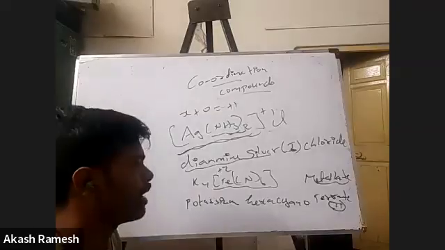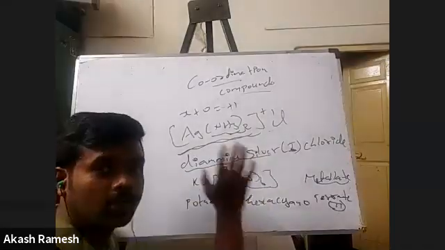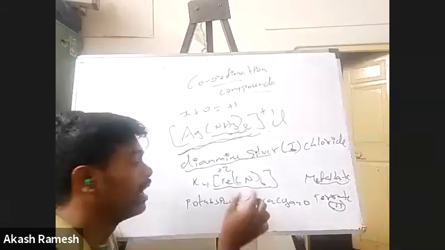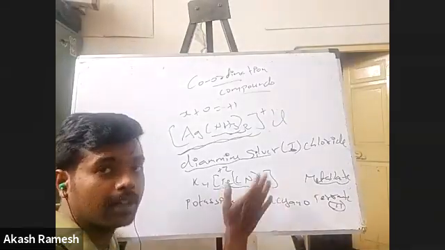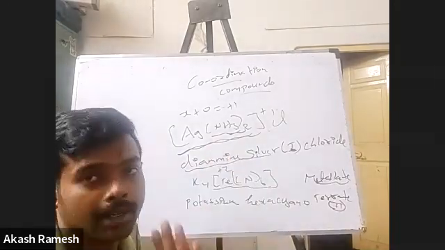Don't confuse yourself. When it is at the right, it is always going to be the anionic complex. That has to come after the cation. Then if you go to the coordination sphere, whether it is cation or anion, you have to write the ligand first, then only the metal. Understood? Yes. Right? Okay.